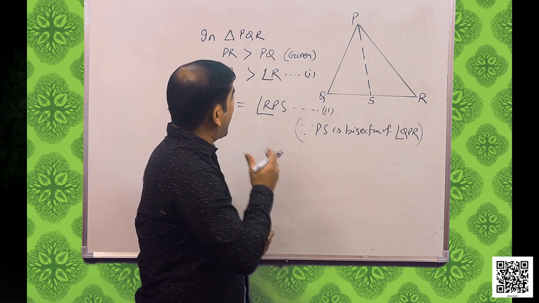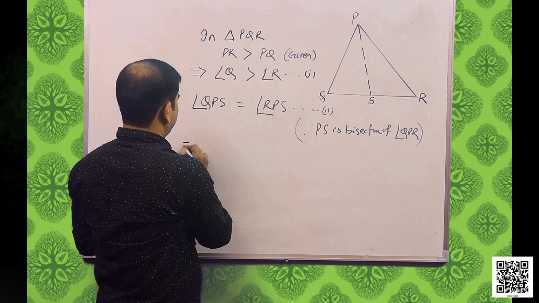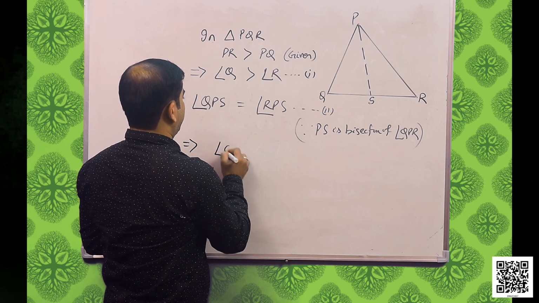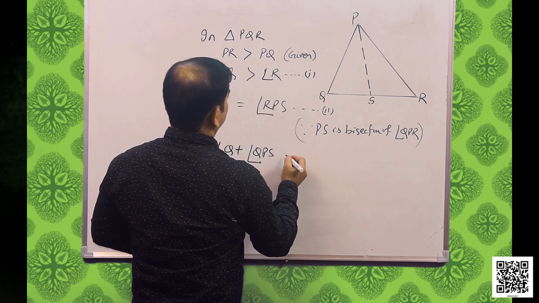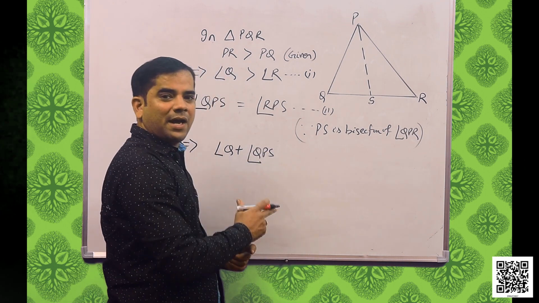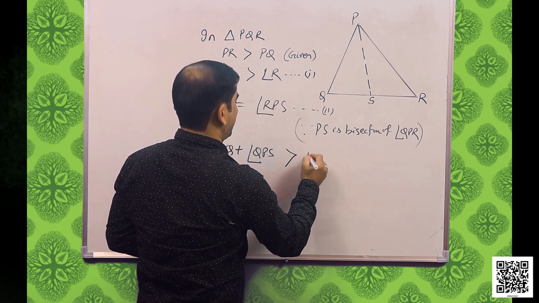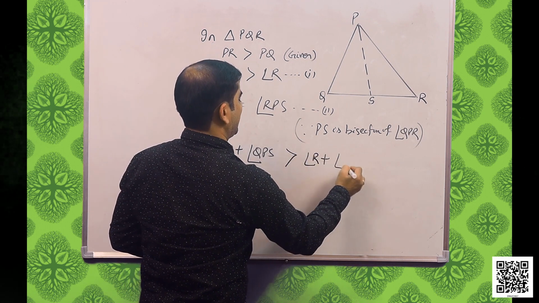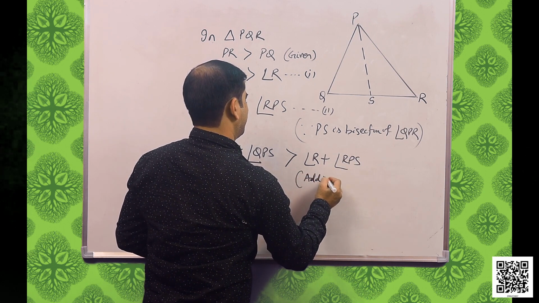Now, by adding the corresponding sides of 1 and 2, what do we get? It implies angle Q plus angle QPS is greater than angle R plus angle RPS.